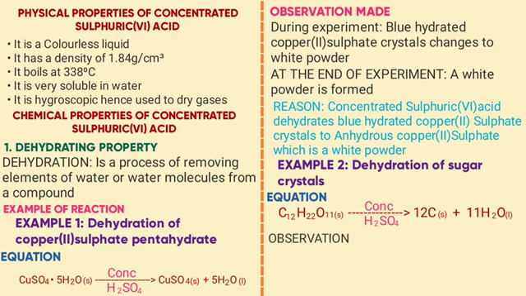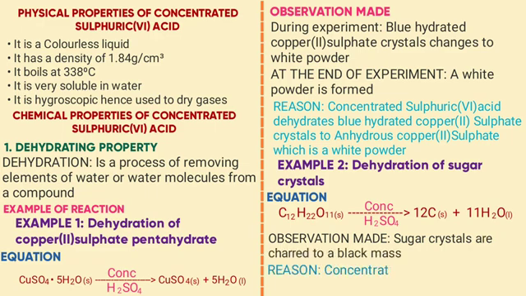Observation made: sugar crystals are charred to a black mass. Reason: concentrated sulfuric acid dehydrates sugar to carbon, which is black.